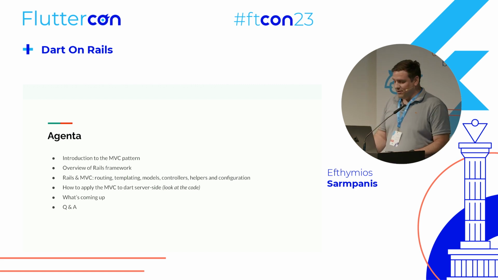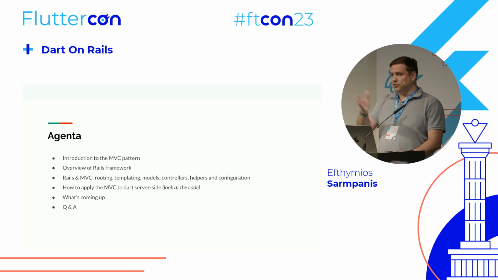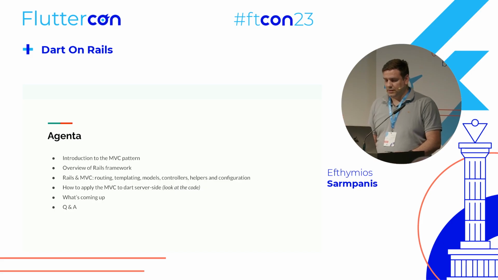All right. So let's see what I'm going to talk about today. So, introducing the MVC pattern. Most of you, as I've seen, know what Rails is, but we're going to have an overview of it anyway. And we'll see how Rails utilizes the MVC pattern to have an opinionated structure on the project that you're building.